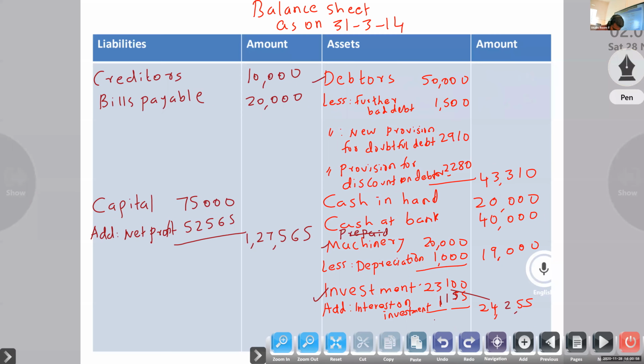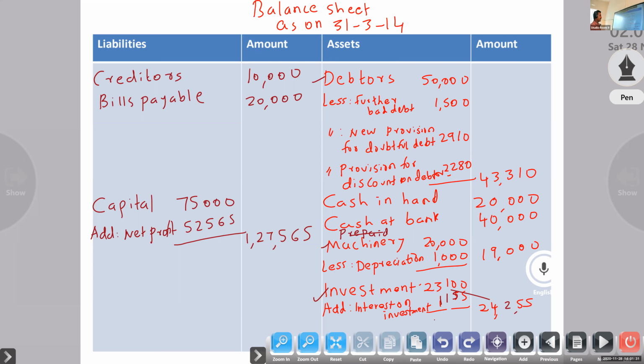Every item we wrote: depreciation, further bad debt, provision, discount on debtor, wages prepaid, interest on investment, closing stock also we wrote. Next 3, 4. Then we can do ninth one. Okay. 3, 4, 9.